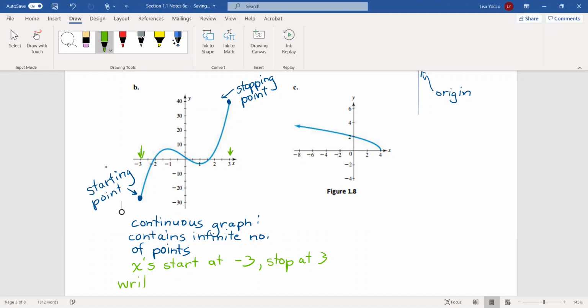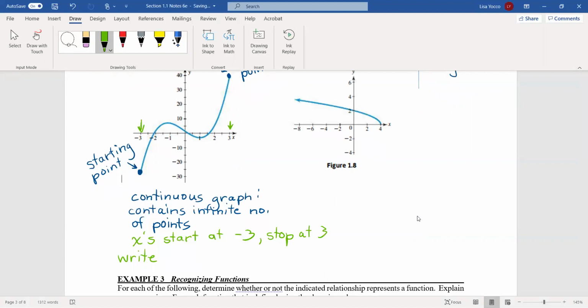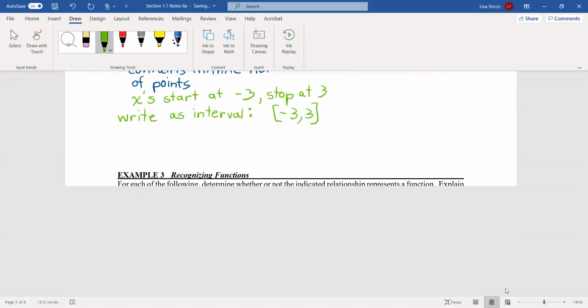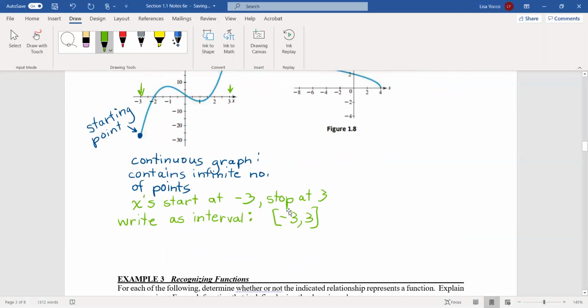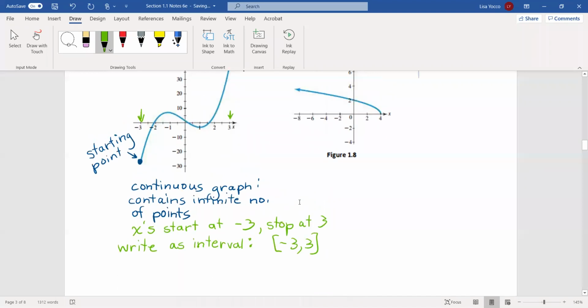The way that we write this is to write it as what's called an interval, which looks like that. That's the set of numbers from -3 to 3, starting at -3, stopping at 3. Okay, that's how we write that.